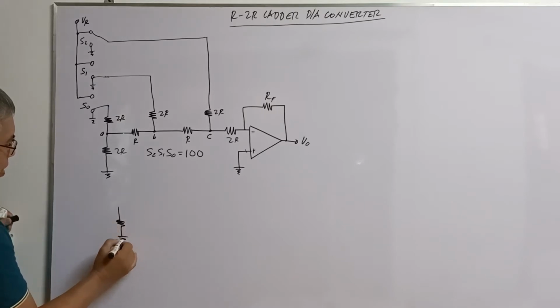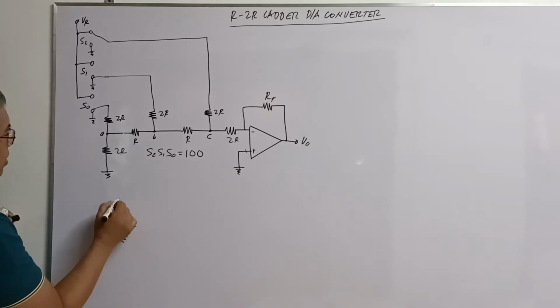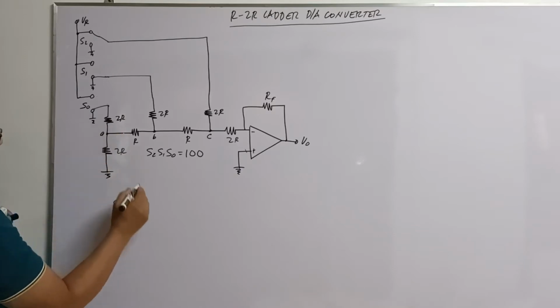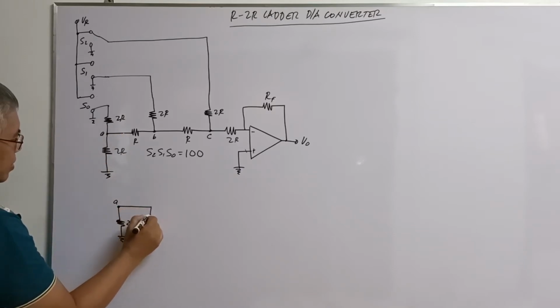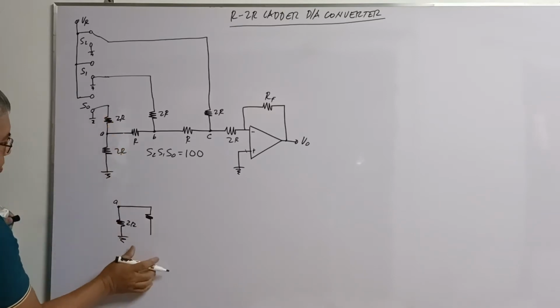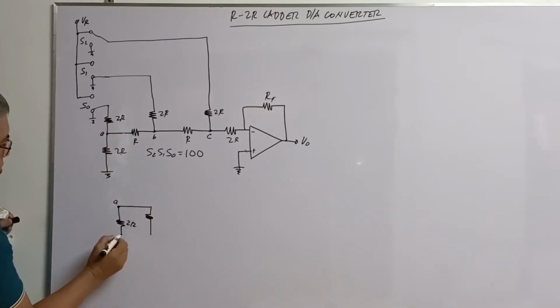You have ground, this is your 2R, and this one here is your point A. Then we have another resistor which is connected again to the ground. Let's have a common ground here.